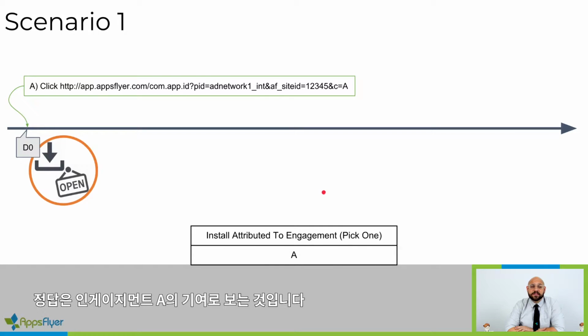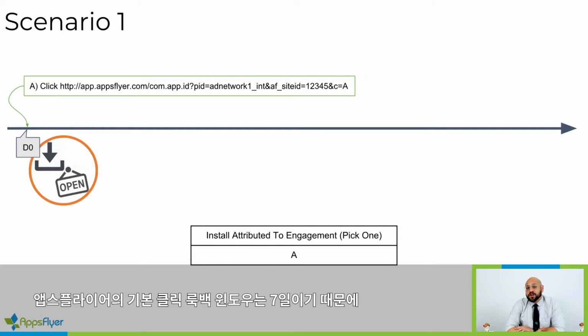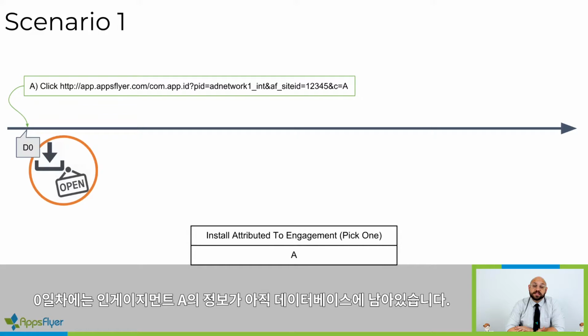In this case, the answer is A. It's because the user downloaded and opened the app right away, on day 0. The default click lookback window would be 7 days, meaning that engagement is still in the engagement database.